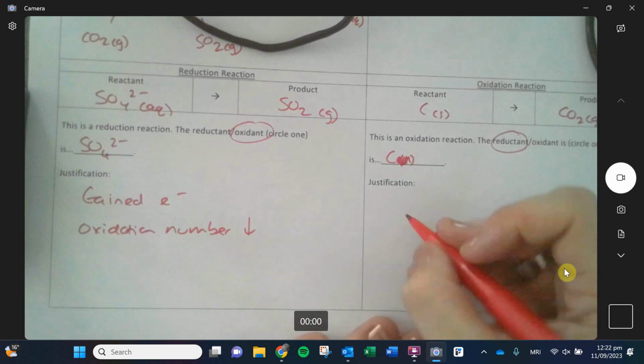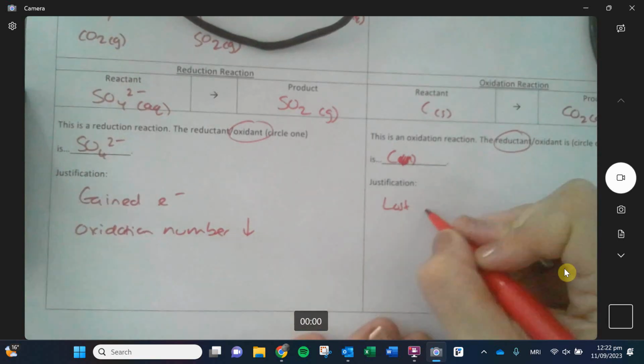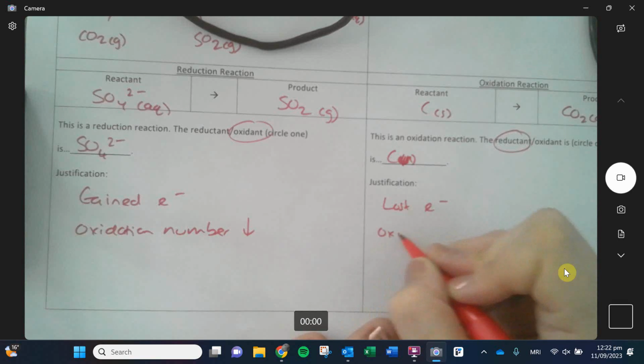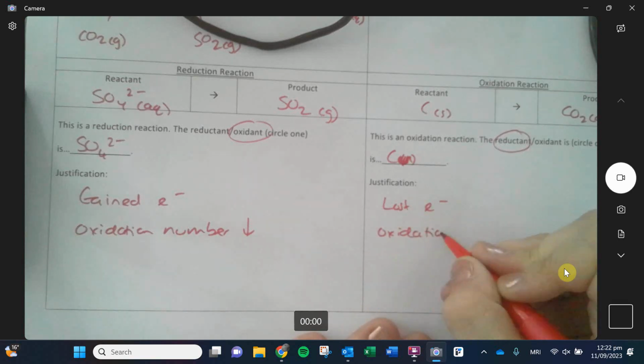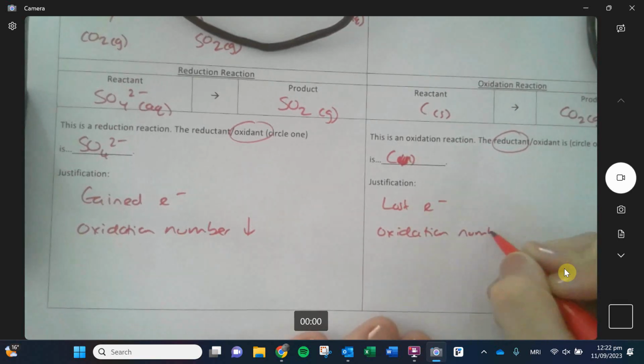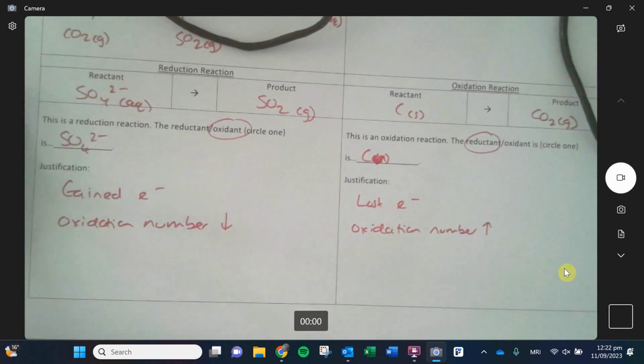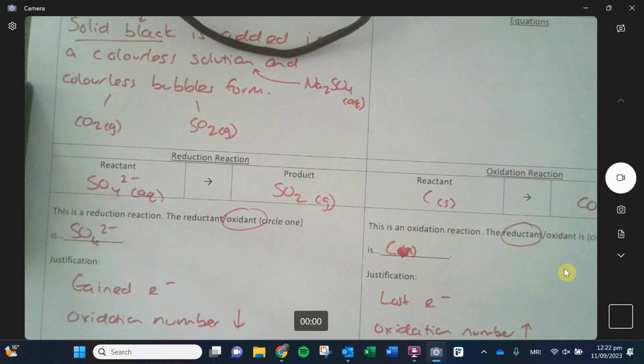This one over here, you write down lost electrons, oxidation number increased. So you got that written down, that would be the achieved.